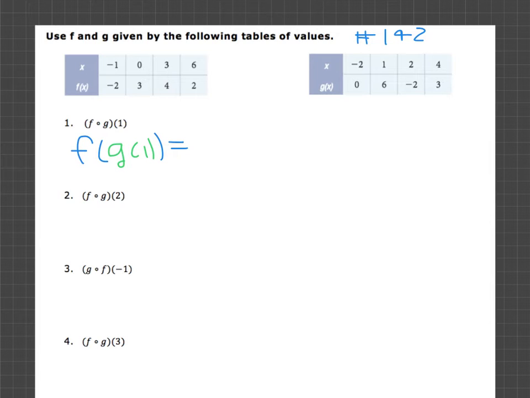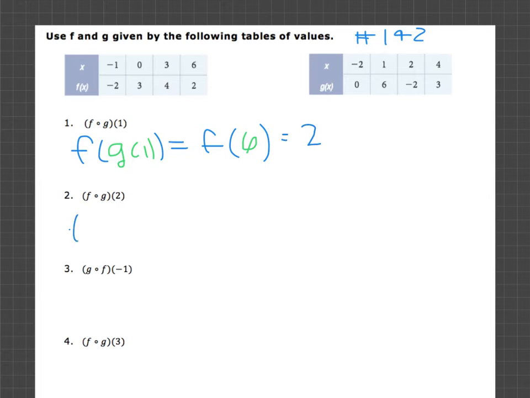So we're going to do f on the outside. Well, g of 1, we go over here to g. Here is 1, x equal to 1. Well, when x is equal to 1, g is 6. So what we're going to plug in there is a 6. And now we look at the table for f. We go over to where x is 6 and return the value of f when x is 6, which is 2. So our resulting function value is a 2.